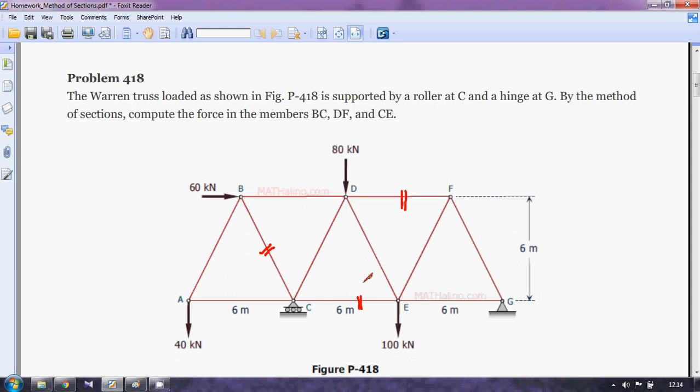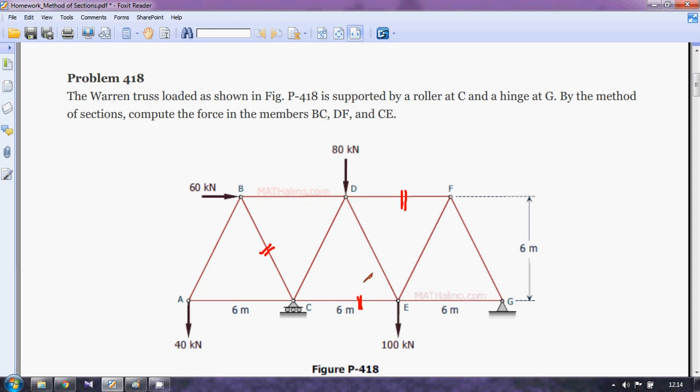Method of sections is very helpful in this case, because here it is not asked to determine all of the member forces. If it is said that, then it will be better if we use method of joints. Since we are asked to determine only three member forces, method of sections will be very helpful.